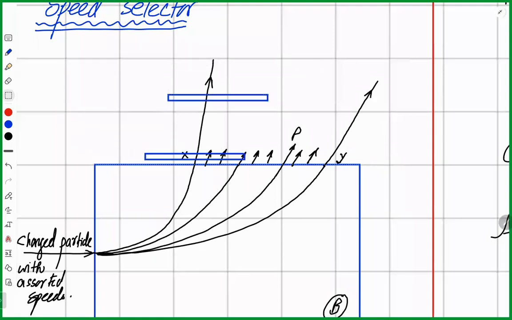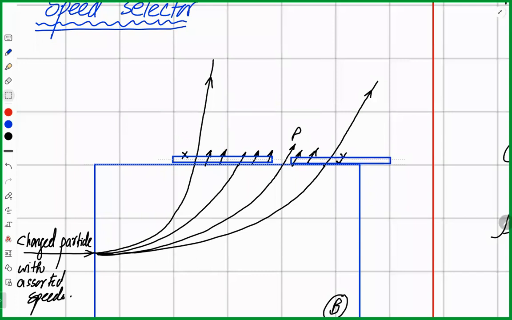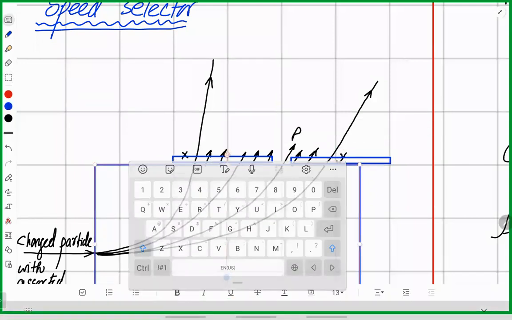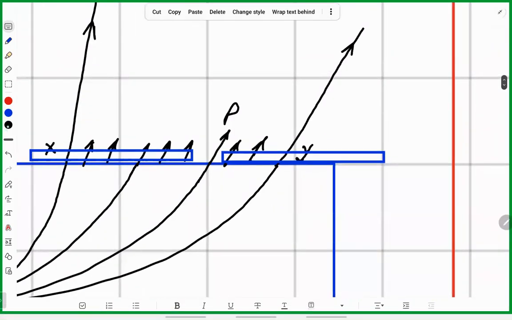Okay, now we can put the barriers here. They, for example, are made of lead, so they absorb all the particles, and they only let the particles go through the small hole. So all these particles are stopped.